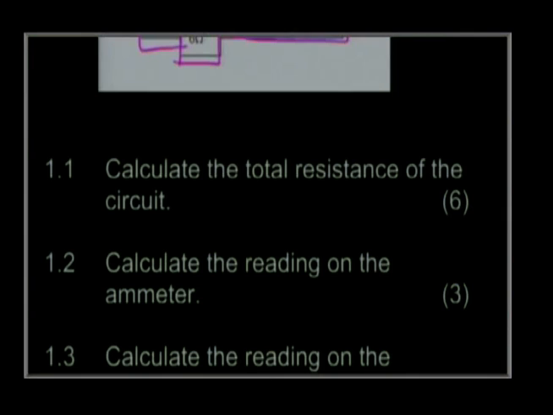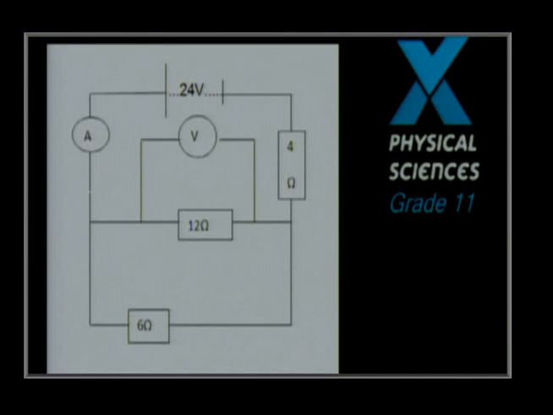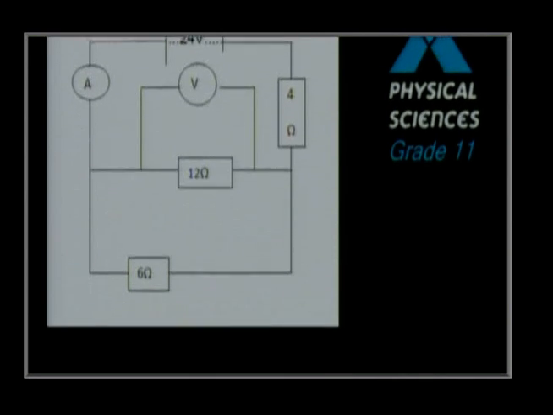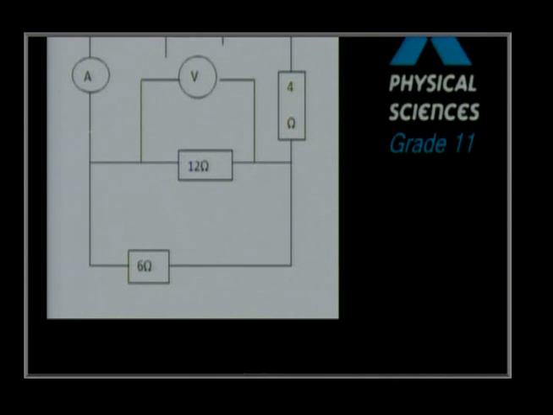Question 1, they want us to go and calculate the total resistance of the circuit. Now, let's just start on a clean slate. You have got a parallel connection over here, and this parallel connection joins up with a series section on this side.